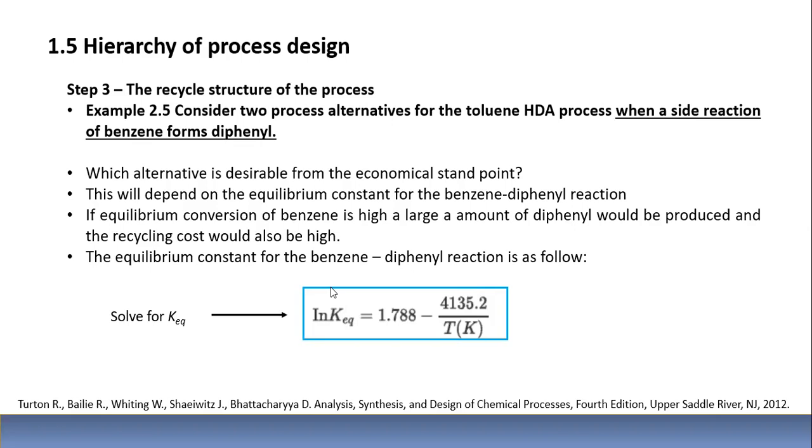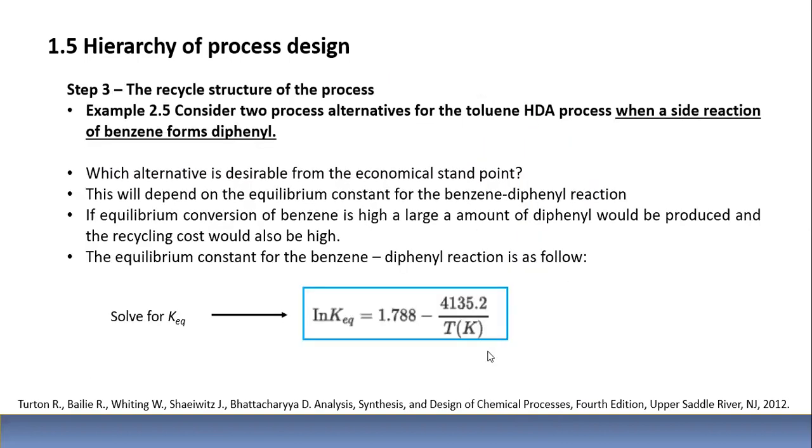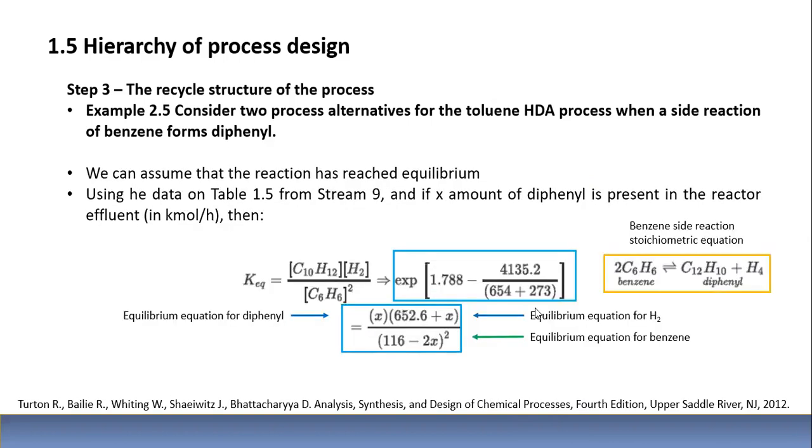So this is the equilibrium constant for the diphenyl reaction, which is this reaction. We see these are the products. This is the reactant. So this is the equation to obtain the value of the equilibrium constant.